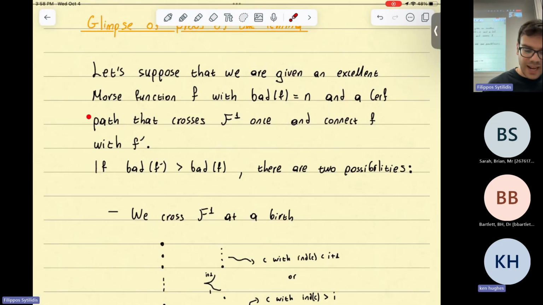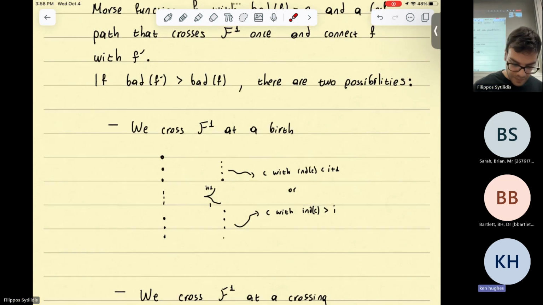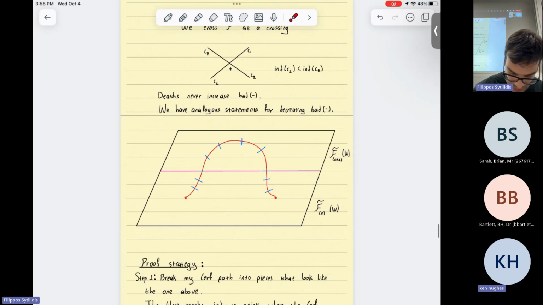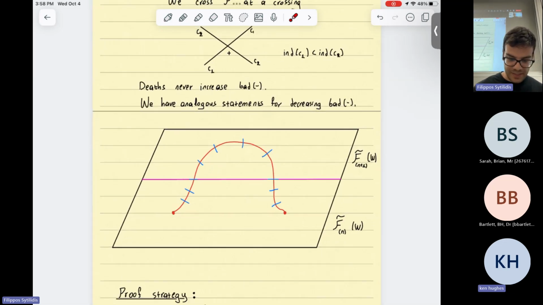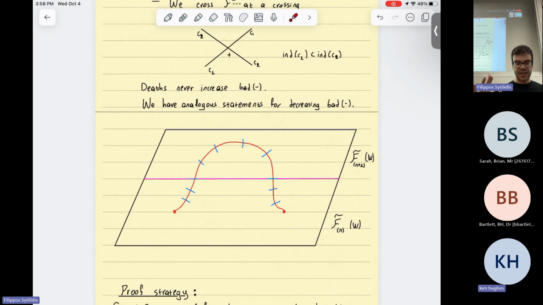Let's suppose that we are given an excellent Morse function whose badness is n, and I have a surf path that crosses F1 once, and let's say it connects f with f prime. This is the picture that I want to have in our heads.